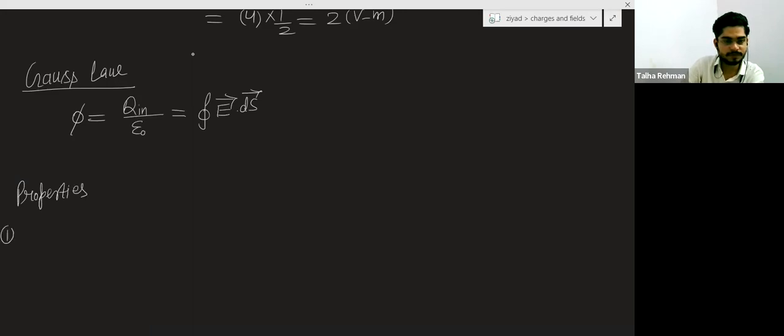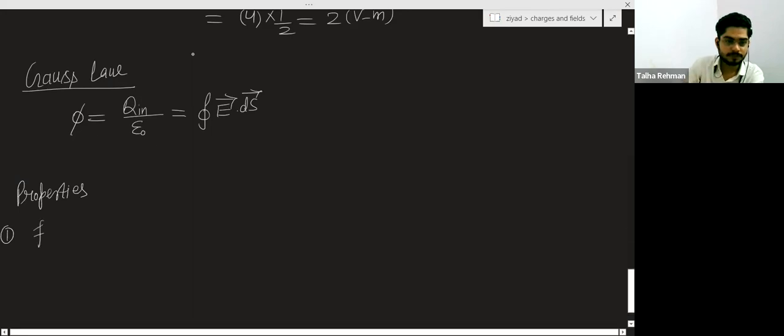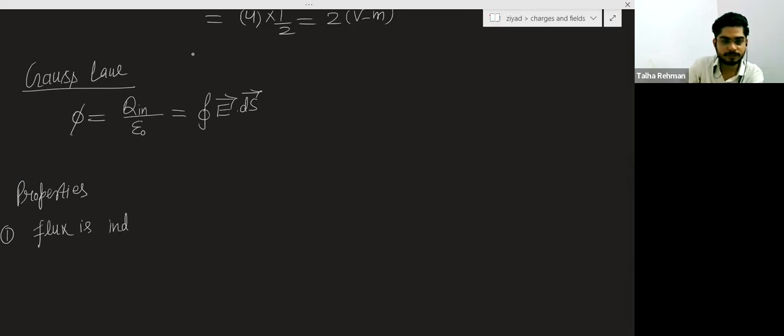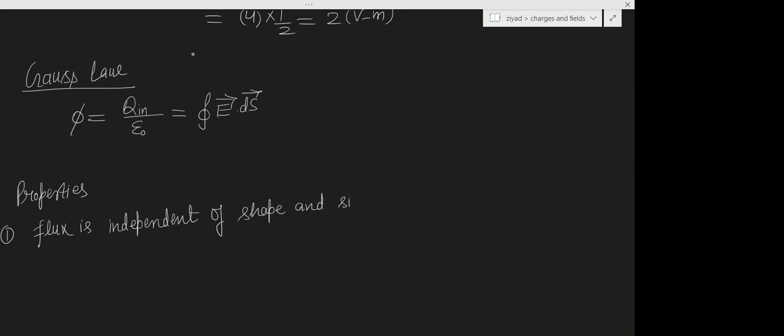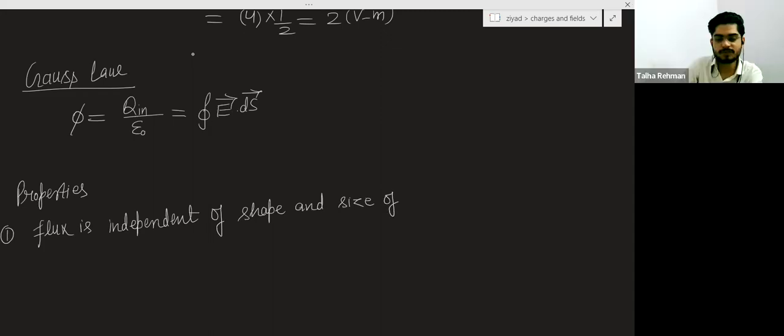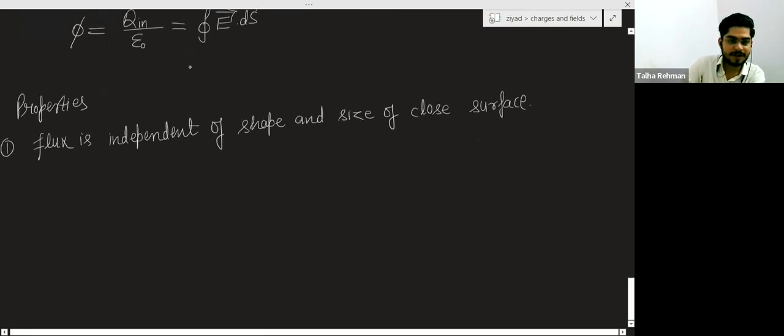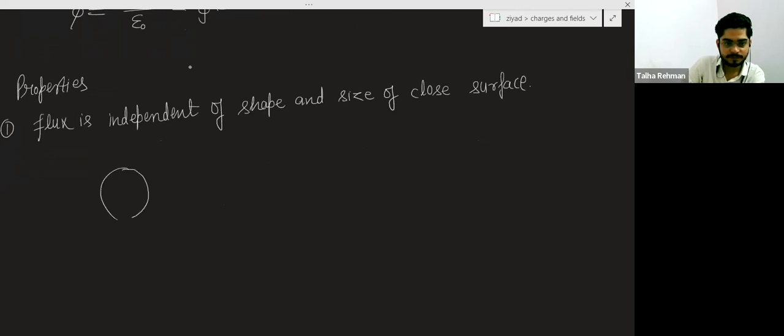There are a few basic properties of Gauss law. Number one, flux is independent of the shape and size of the closed surface. For example, you are having a sphere and this contains a charge plus q.